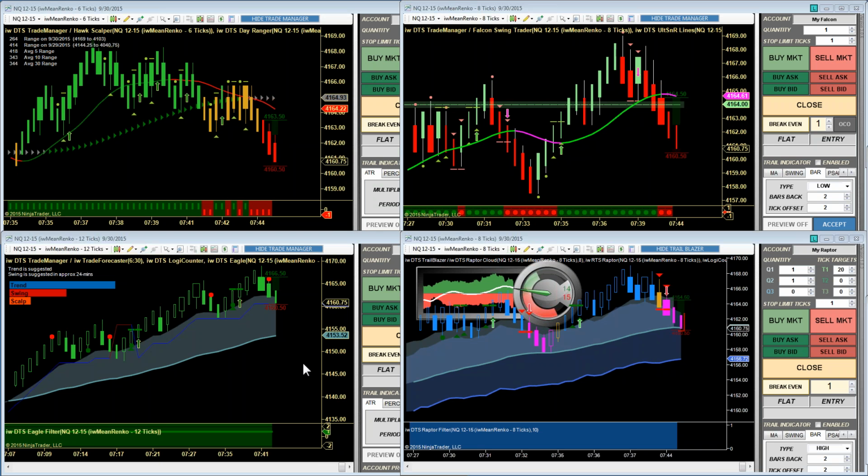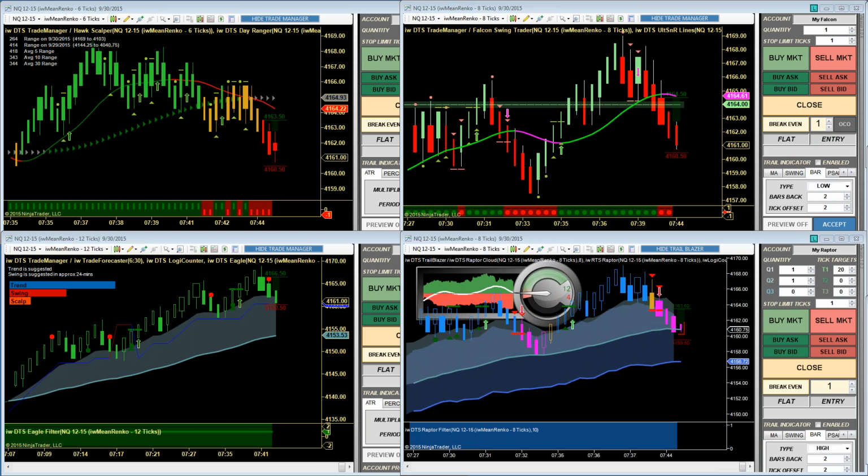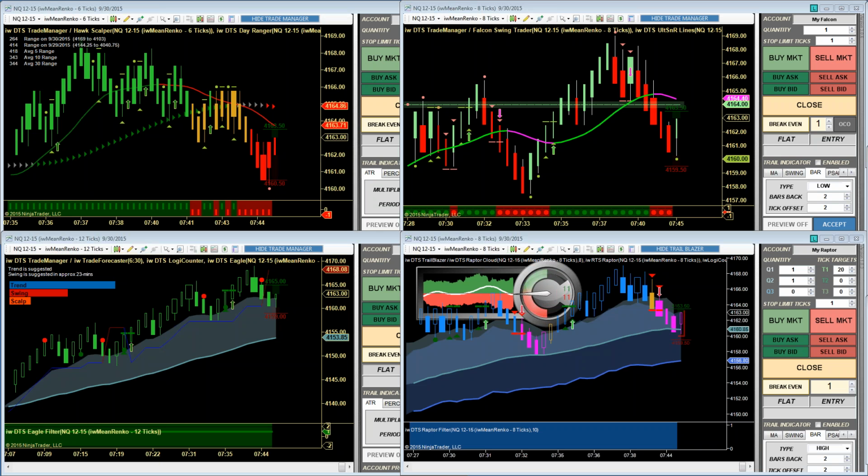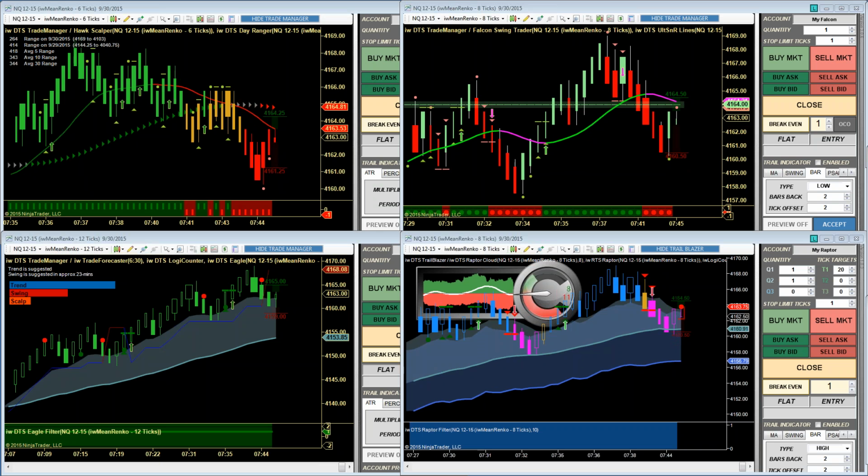Some instruments like crude oil, because it's normally so active, not as crude has been of late, but how crude usually is, I will double the profit objective. Same thing for gold, the Russell, any instrument that tends to make a little bit of a larger range. The mid cap. Oh yes, I forgot the E-mini on the Raptor.